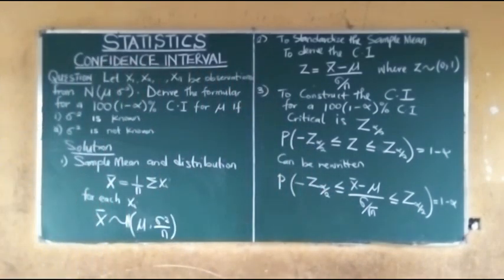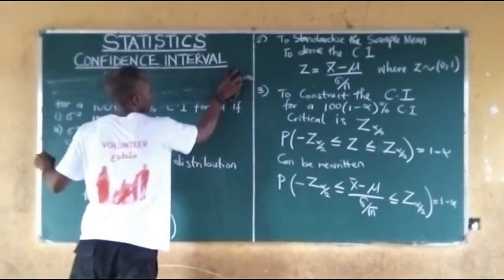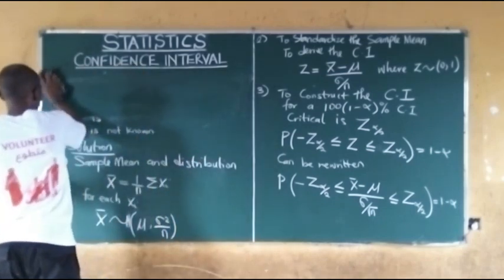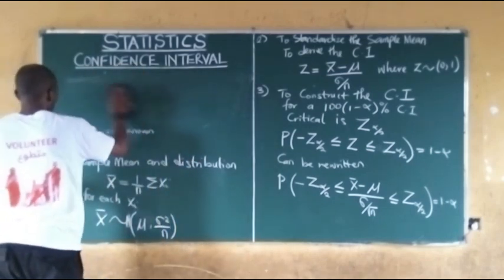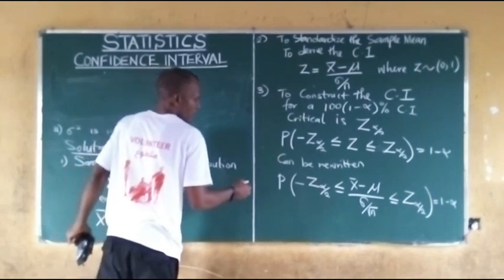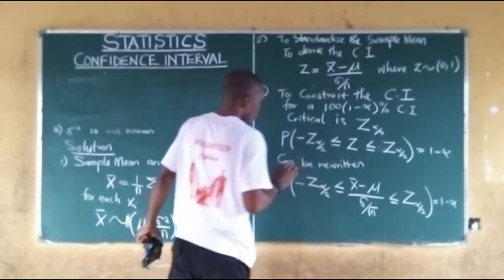So the next thing to do is to multiply through. First, we are talking about when sigma is known.